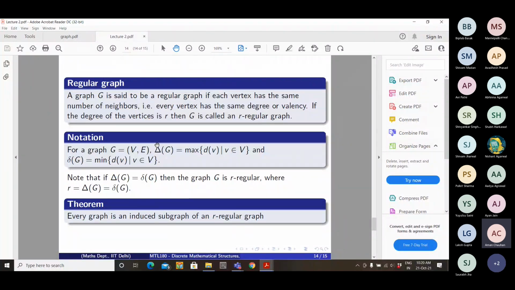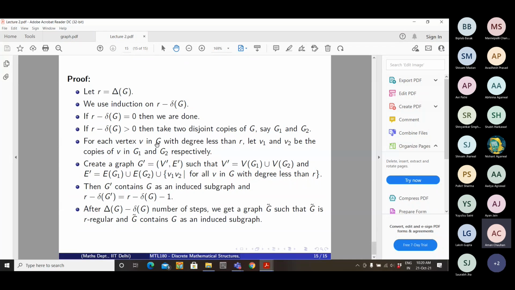Okay, so every graph is an induced subgraph of some R regular graph. So take R to be this Δ(G) here. This Δ(G) means the maximum of the degrees of vertices, and we will use induction on Δ(G) minus δ(G), the maximum degree minus the minimum degree.